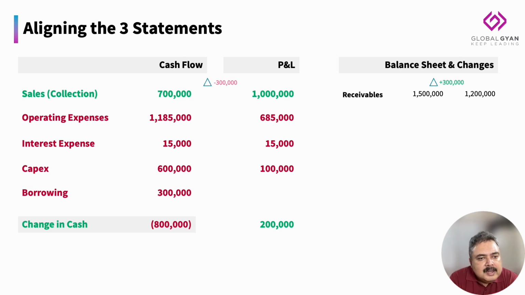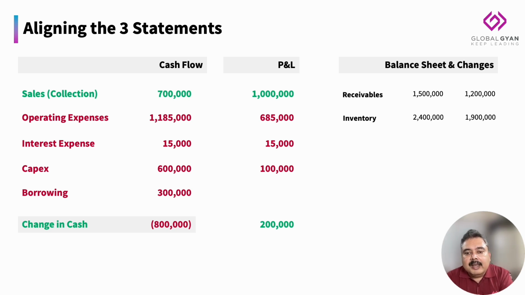P&L is telling me. Similarly, we look at the operating expenses. My P&L is saying only 685,000, but my cash flow is much more. Why is that happening? That's best found by looking at perhaps my inventory. My inventory at the beginning of the month was 1.9, and it's now gone up to 2.4, which means that I have produced more than I have sold.